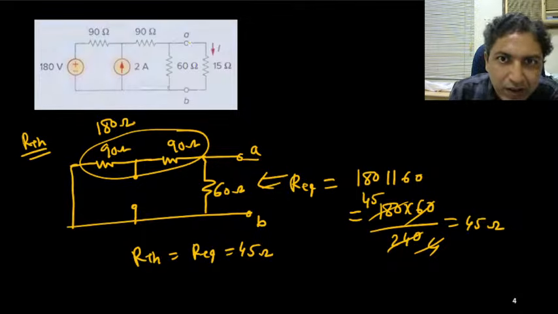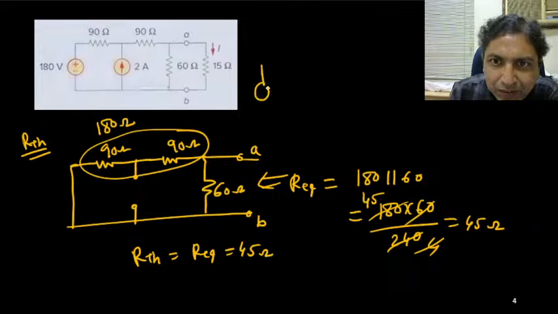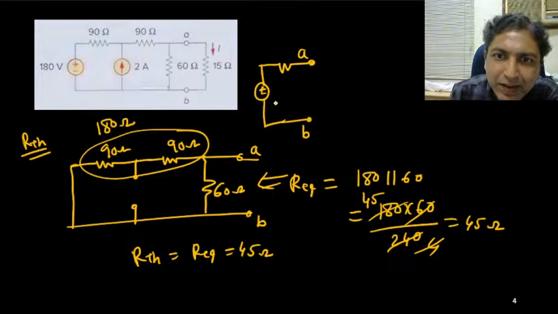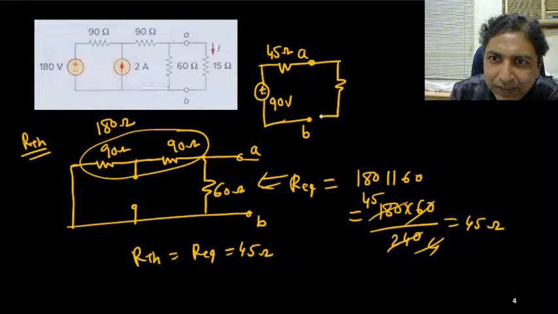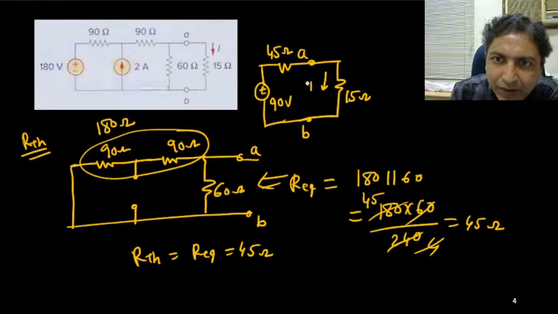Okay, so you can see that this circuit about the node A and B, this voltage I have got 90 volt and this is your 45 ohm. And now if I connect this resistance 15 ohm, easily we can find out the current I.